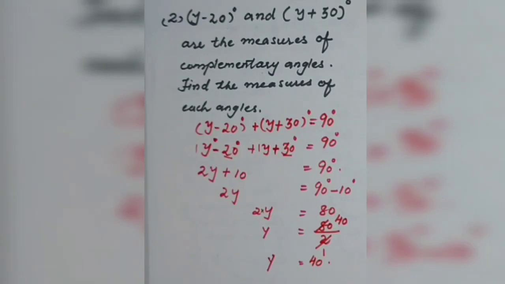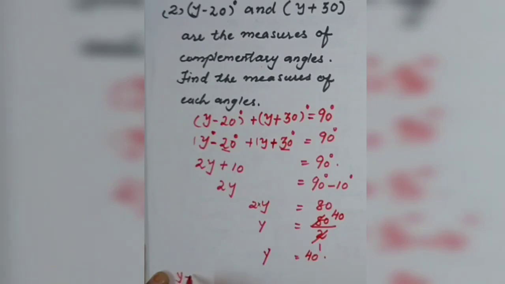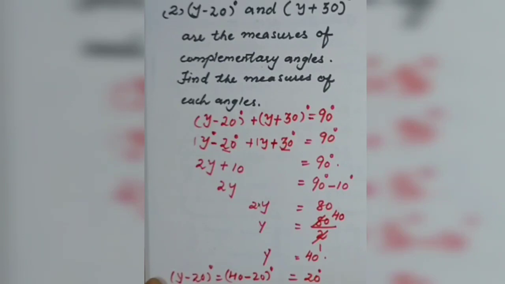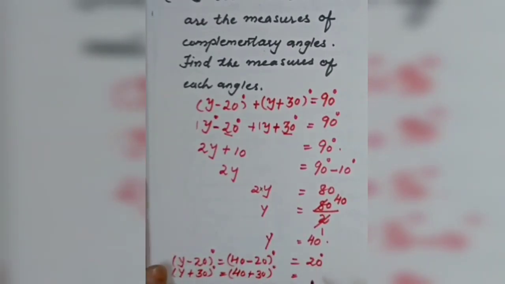Then how can we find the value of each angle? The first angle is given, y minus 20 degrees, which is 40 minus 20, which is 20 degrees. And the second is what? y plus 30 degrees. Now the value of y is 40, so 40 plus 30 degrees: 0 and 0, then 4 plus 3 is 7, so 70 degrees.